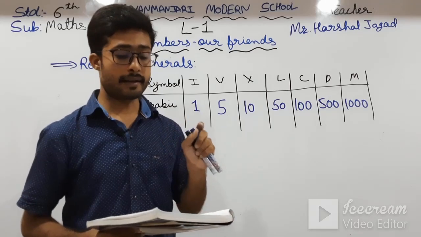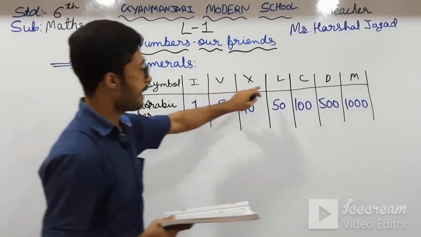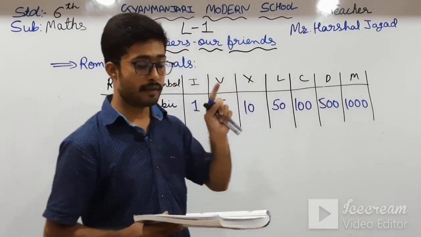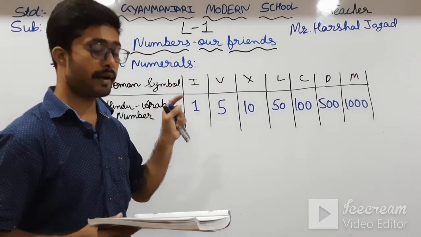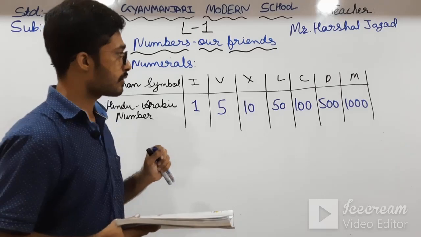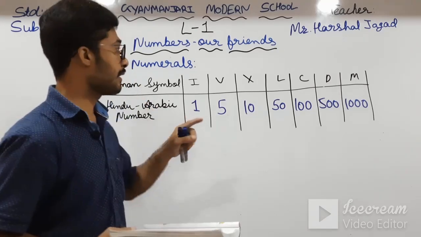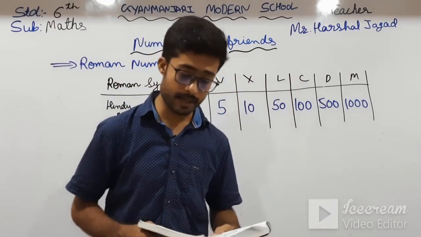V, L, D are never subtracted. Means V, L, D are never written on the left of a symbol of greater value. Okay, students, V, L, D are never subtracted.